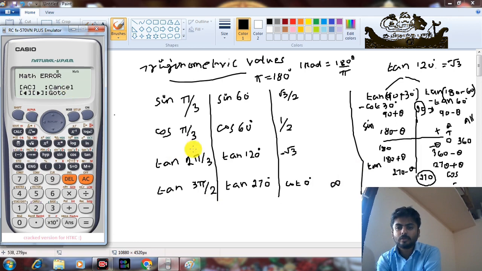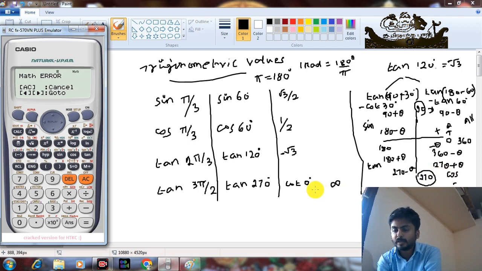So all these values are correct when I am writing in angles. Sin 60 is root 3 by 2, cos 60 is 1 by 2, tan 120 is minus root 3, tan 270 is infinity. For tan 270 we can write both plus infinity and minus infinity, as we have discussed, because it can be written as tan 270 minus 0 or tan 270 plus 0.